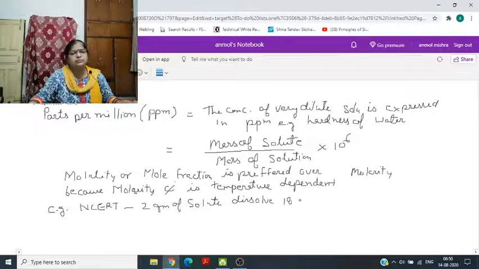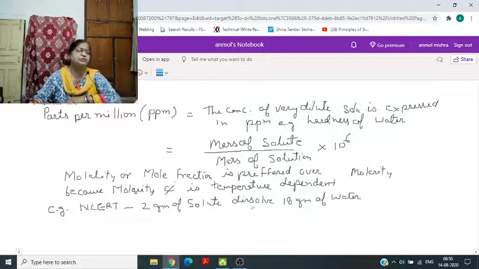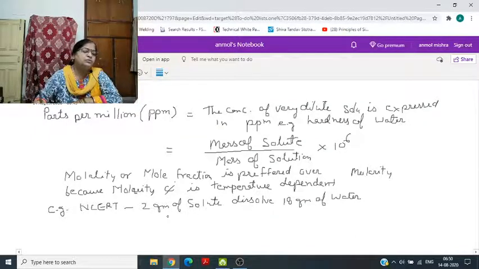You have to find the mass percent of the solute. The weight of solute is 2 grams and the weight of solvent is 18 grams.